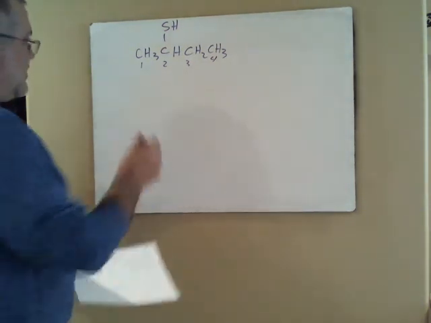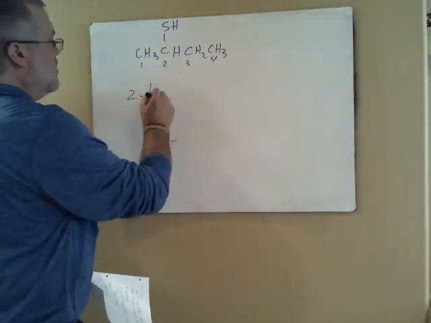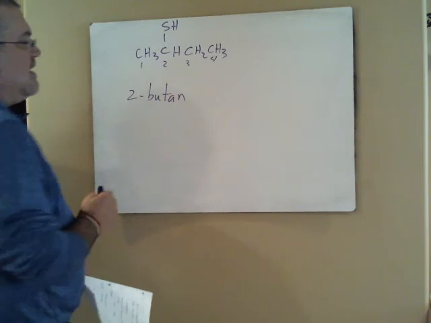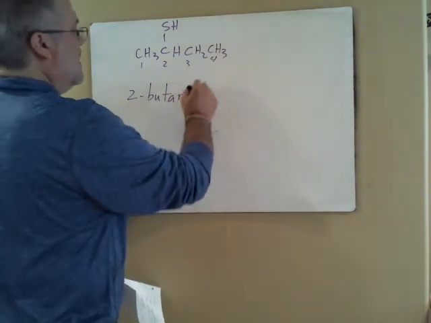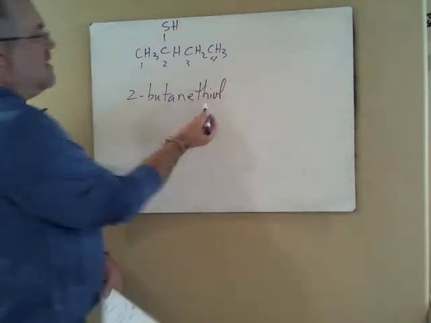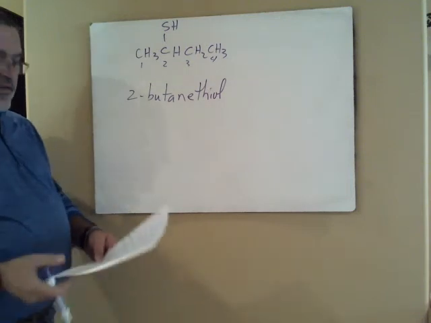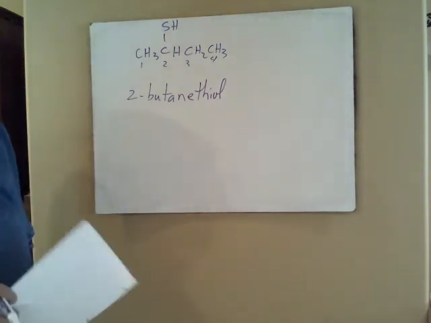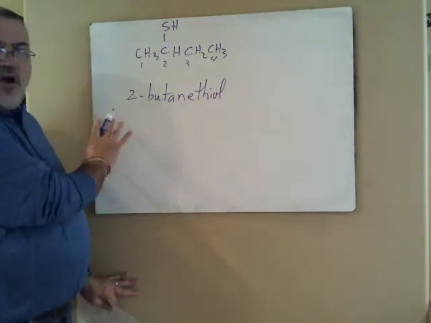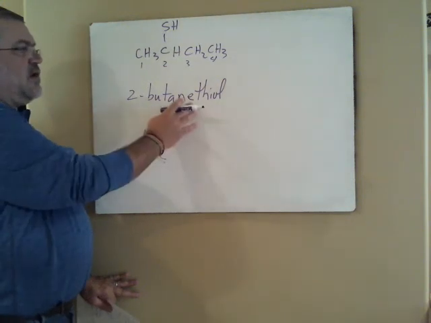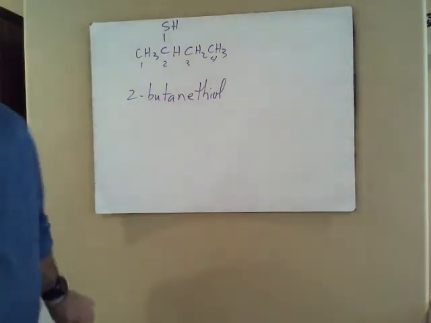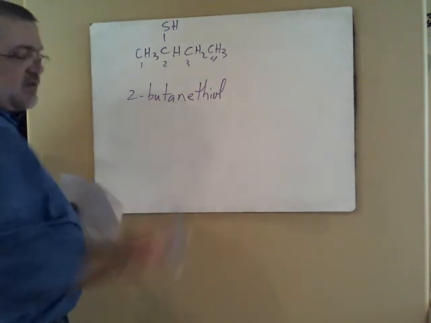Where I have my group, so this would be 2-butane, leave the E because you're adding a suffix with T, 2-butane thiol. Okay, so very easy nomenclature, just follow the rules for alcohols and just remember that you leave the E when you're adding the suffix because it starts with a T.